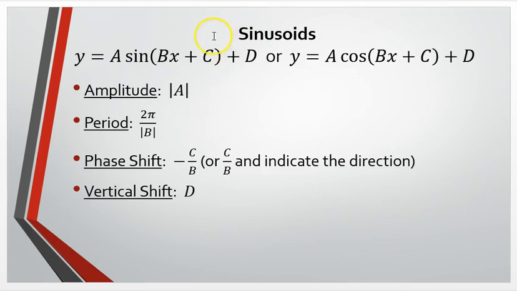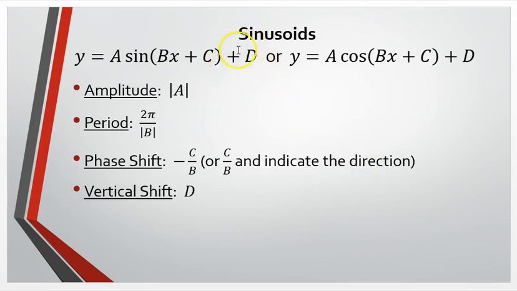Now, what's confusing about those is that the signs kind of flip, because if you have a plus number, that means it's actually going to be moving to the left, and if you have a minus number in the function, it'll actually be moving to the right, and that's what the negative sign is taking care of here. So sometimes you'll need to indicate the direction by showing the positive or negative sign, or many times I just write whatever the number is that you get from doing C divided by B, and then I indicate whether it's going to be going to the left or to the right.